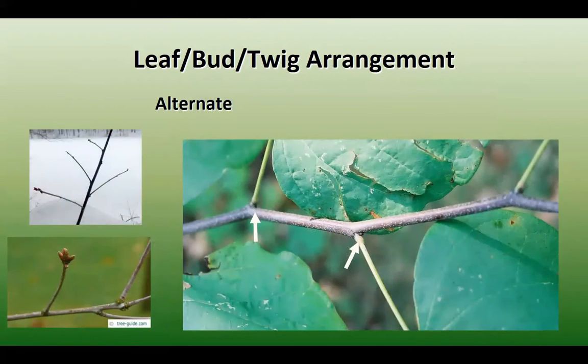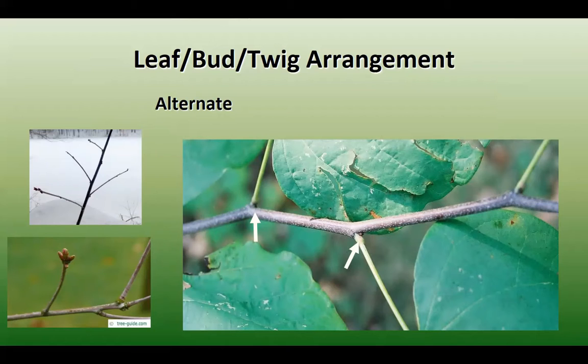And here's the arrangement called alternate, which is most trees. You can see this actually is a redbud. And you can see the little buds that are in the axil of the petioles, or the leaf stem.